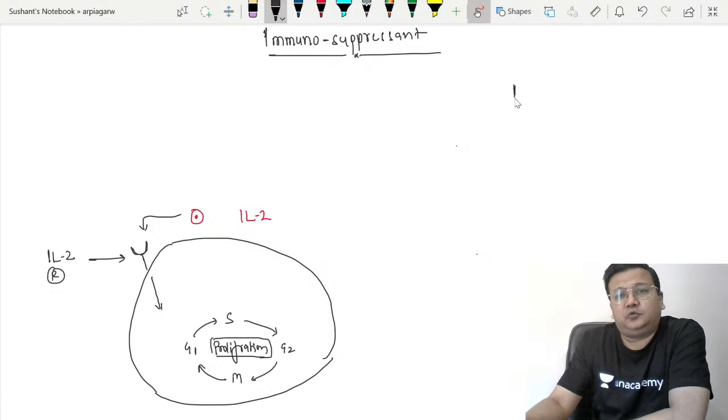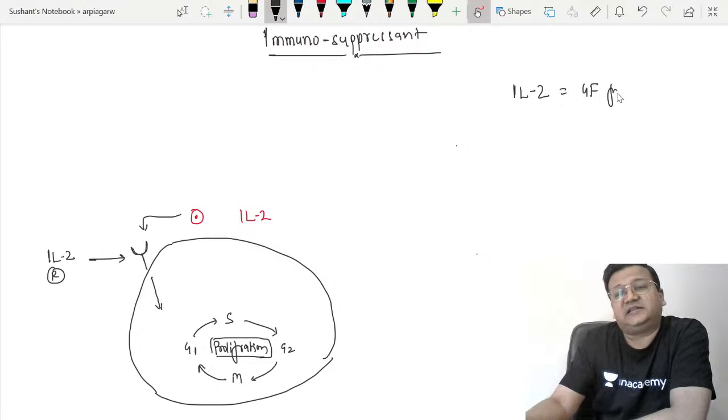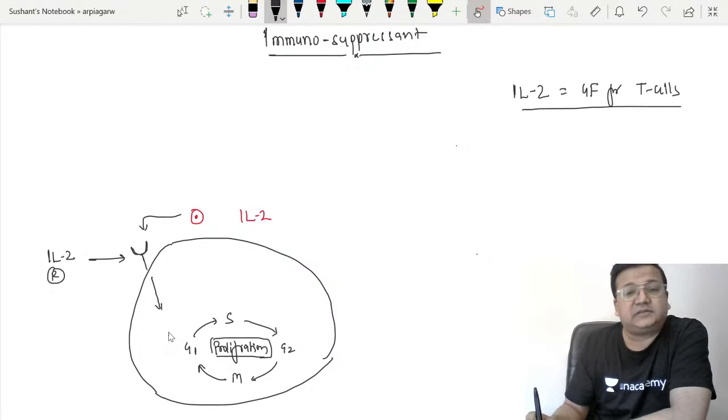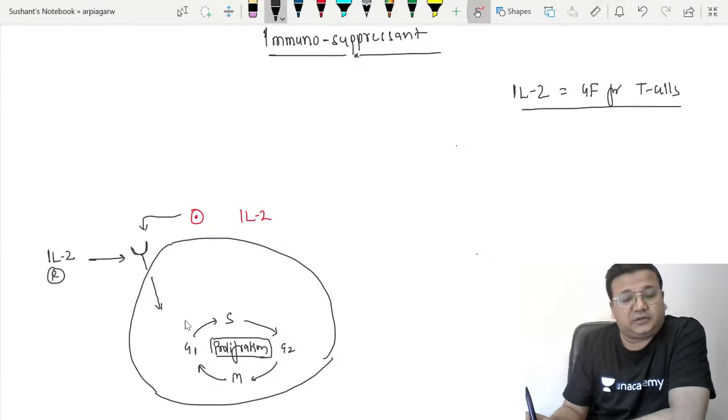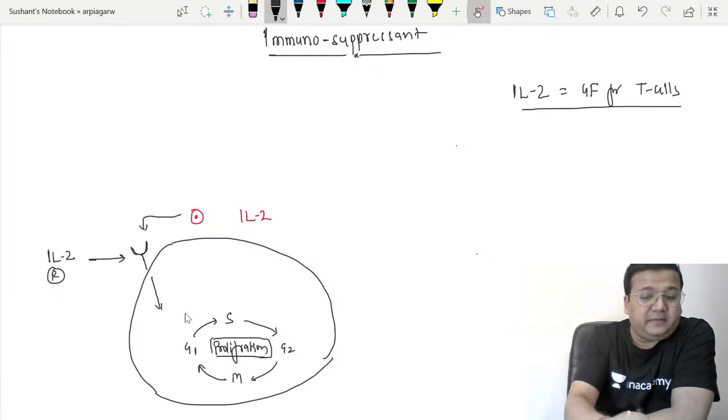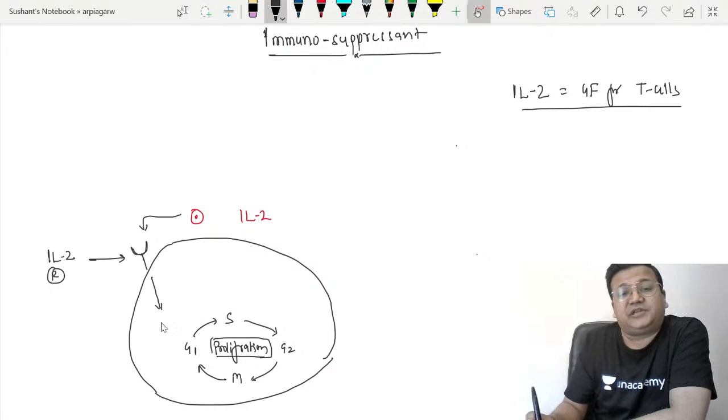So interleukin 2 is a growth factor for T cells. It helps in the maturation of T cells. Interleukin 2 acts on the interleukin 2 receptor present on the immature T cells and sends a signal to the T cells to proliferate.